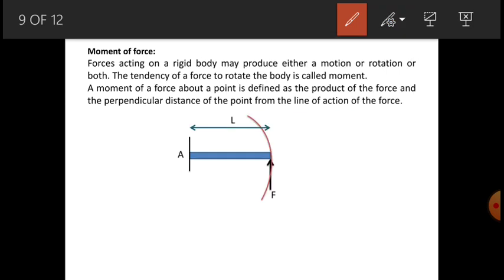At a certain point, the moment becomes zero. Which is that point? The point is the fixed point. When you apply the force at the fixed point, there is no moment effect. So at that time the moment is zero.